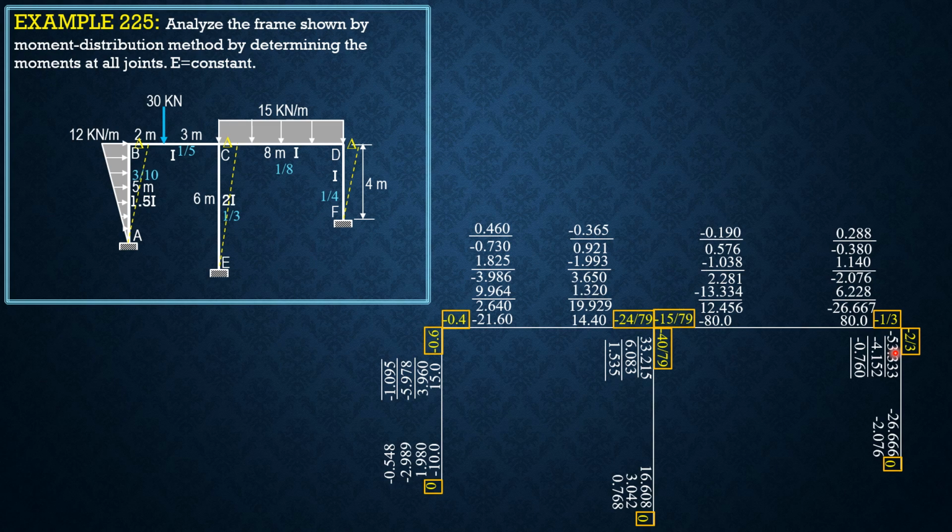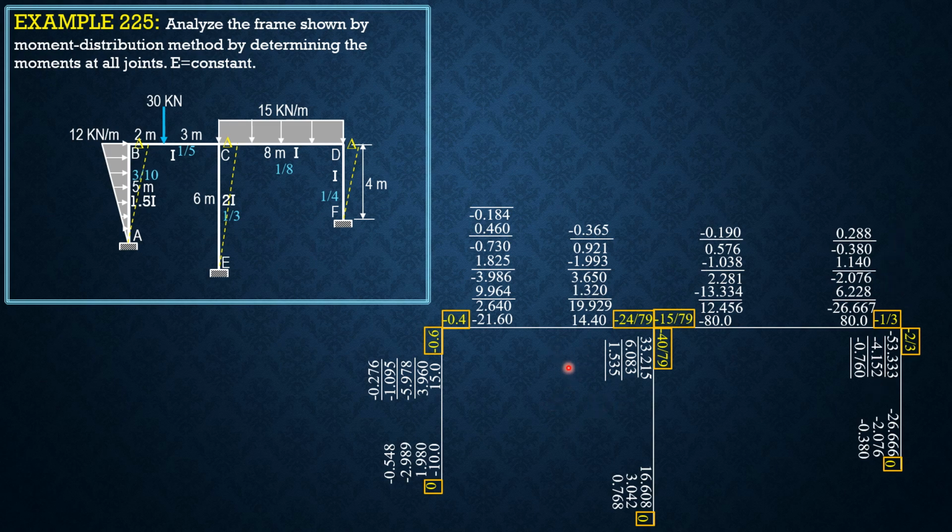So carry over 0 here, half of negative 0.276, negative 0.138, half of 0.169, half of negative 0.184, half of negative 0.096, so negative 0.048, half of 0.105, 0.052.